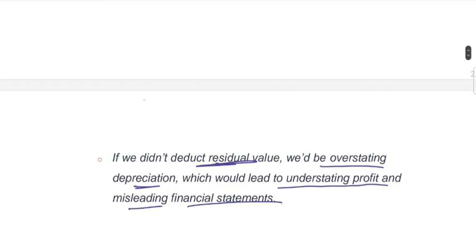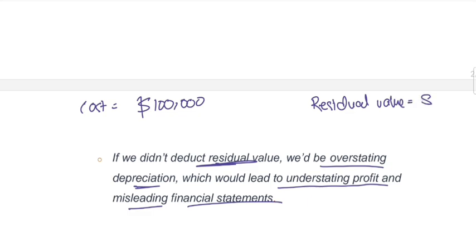So for example, if I have an asset worth $100,000, so this is the cost of the asset, and the residual value of the asset is going to be 20,000, which means that at the end of the asset's useful life, I'm expecting that it will be sold at 20,000. Now you must understand that depreciation is a charge against the asset in order to reflect the consumption of the value of the asset with the passage of time.